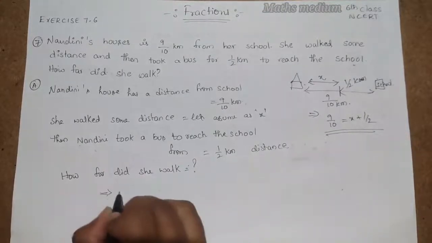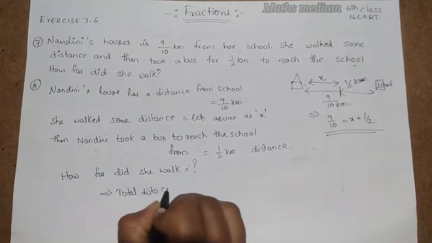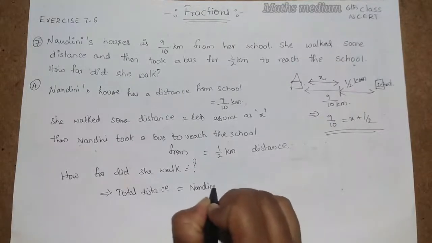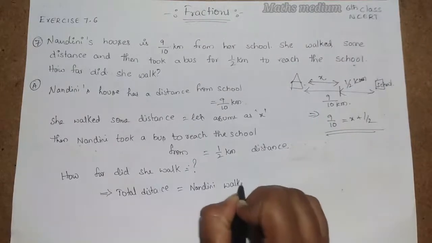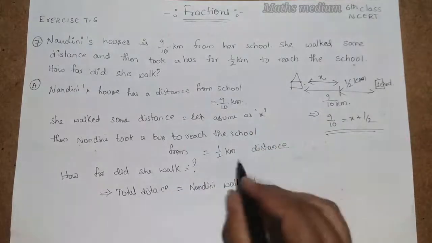So, total distance equals Nandini's walking distance plus the distance the bus took her.